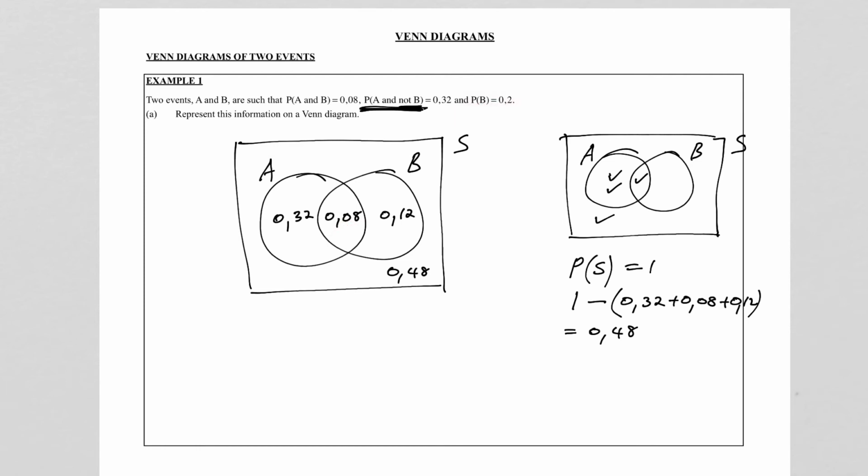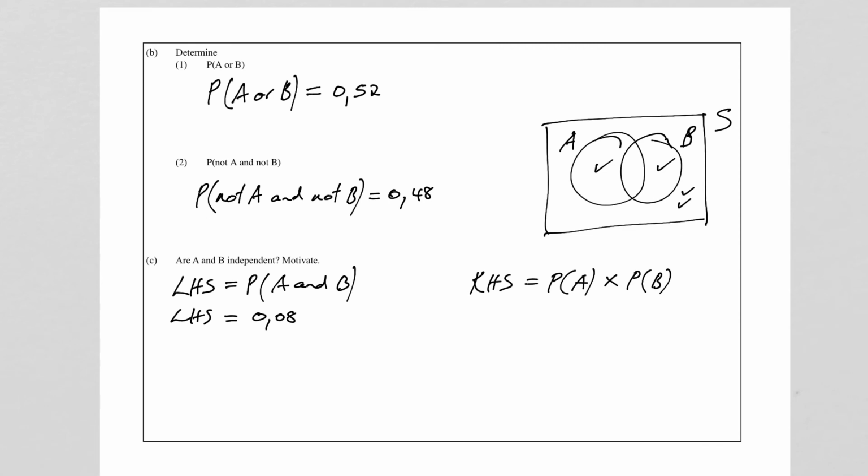And when I add those two, I get 0.2. When we add these two, 0.32 plus 0.08, then we get 0.4. So let's now go back to this right-hand side. So the probability of A, we said it's 0.4, and we multiply with the probability of B, which is 0.2 from the Venn diagram.